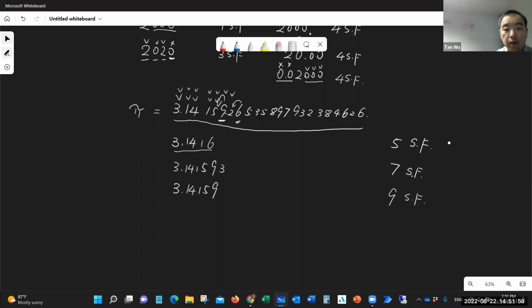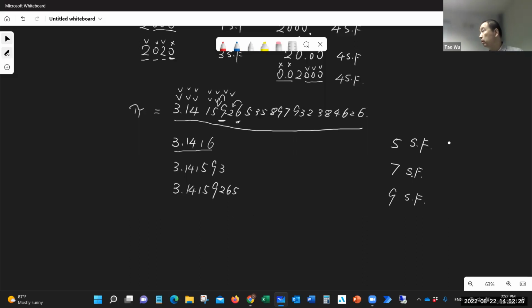So you count 1, 2, 3, 4, 5, 6, 7, 8, 9. The 9th is a 5, and the next one is a 3. So the 3 is less than 5. You're going to cut off everything, and just keep 9, 2, 6, 5. Okay, and that's going to be the pi number with 9 sig fig.